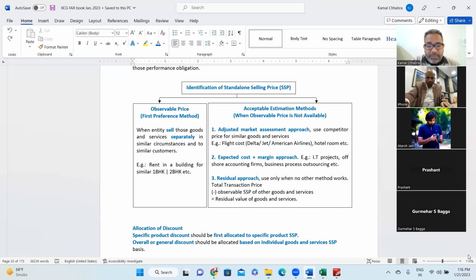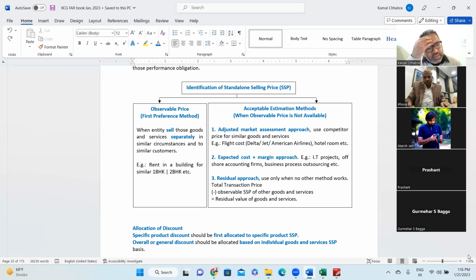If for any product and services observable prices are not available, right? For example, you have created something new. Let's assume you have created made in India drones, right? As of now, let's say drones, we all are purchasing either from China or from US or from Israel, right? We are not making any drones in India.